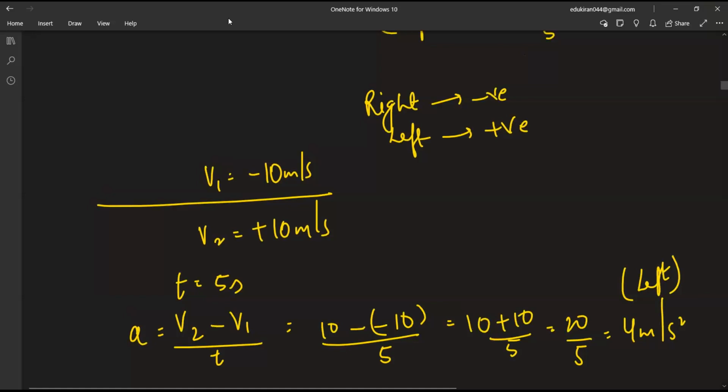Class, just text me done in the chat once you have written. Only Sarah has completed. Afnan, Nabiha, Siddika completed.